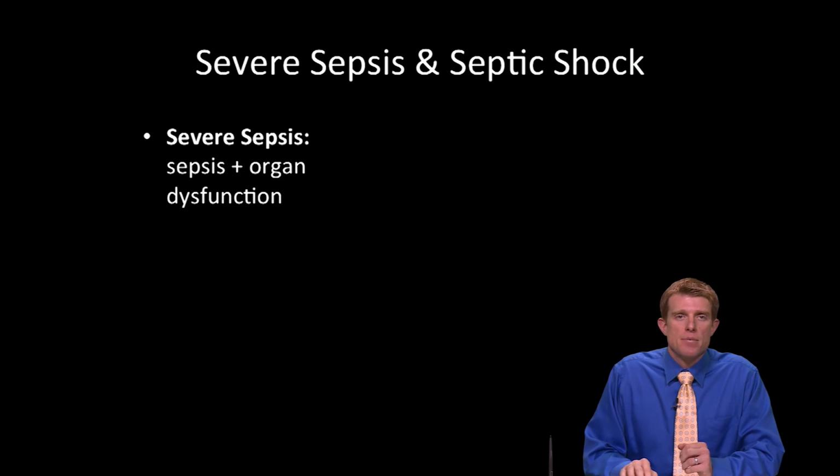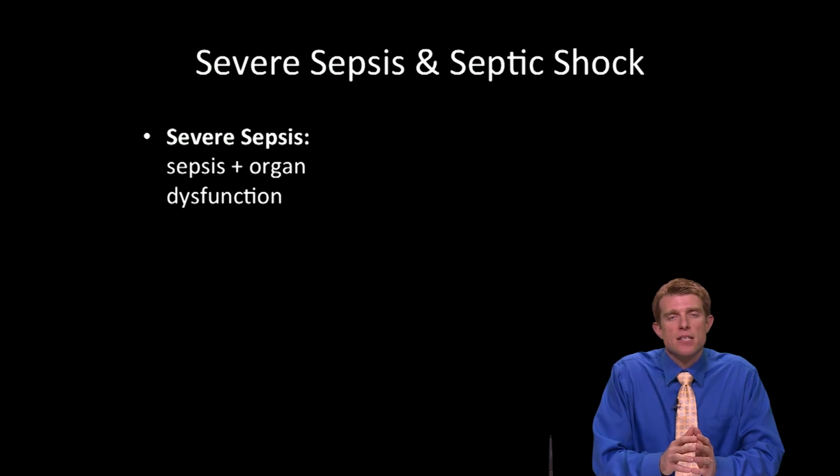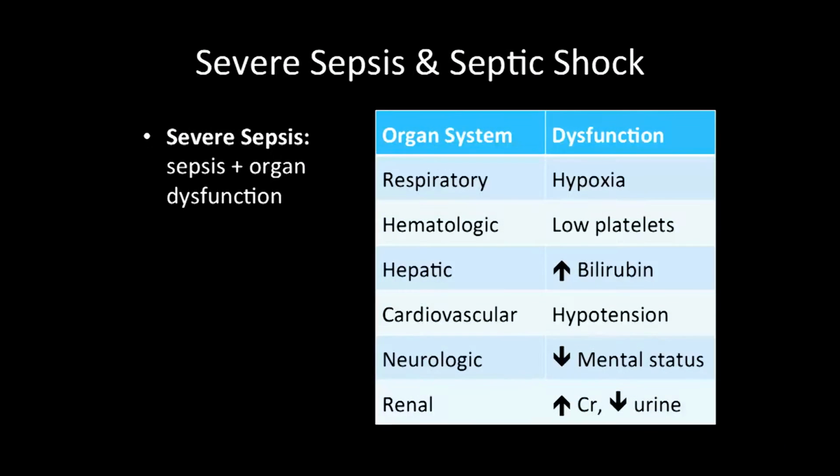So the severe sepsis patients are patients that have sepsis plus organ dysfunction. And in this table, I listed the common organ systems and the common dysfunctions that we would see, such as in the respiratory or pulmonary system, seeing hypoxia or respiratory failure. In the hematologic system, seeing low platelet count.